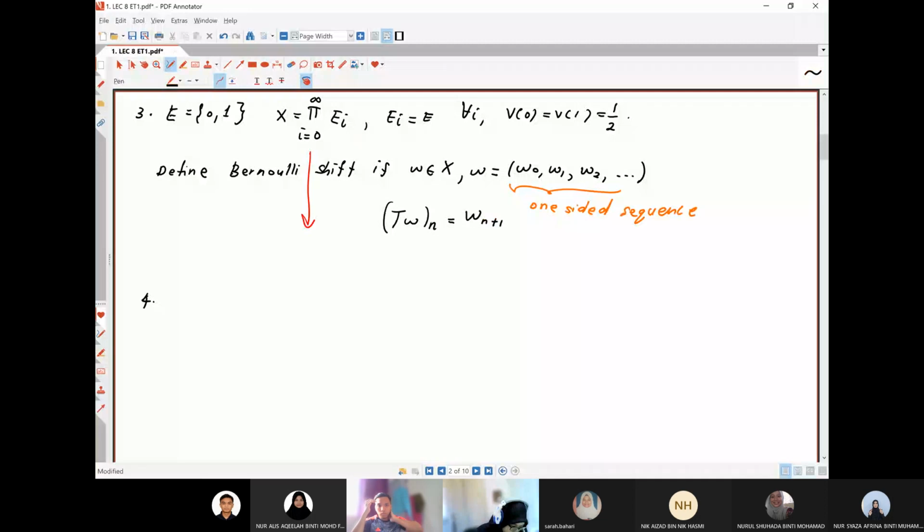And for example number 4, we have the example for the double-sided sequence. So we define Y as the product, not from 0 but from minus infinity to infinity, because it is double-sided, of E_i, where E_i is equal to E. We define the Bernoulli shift the same way, which is this one.